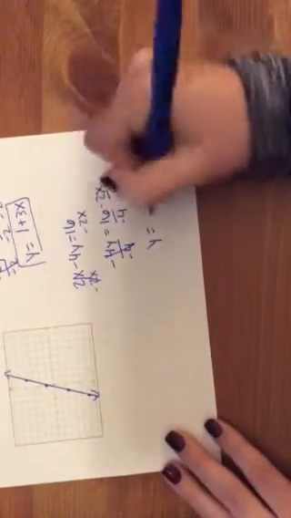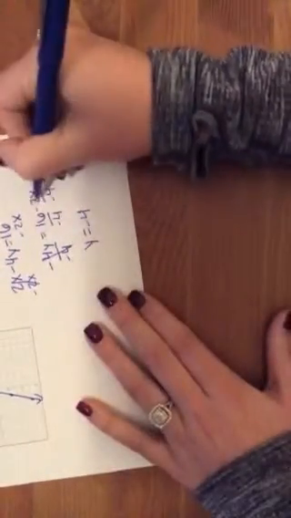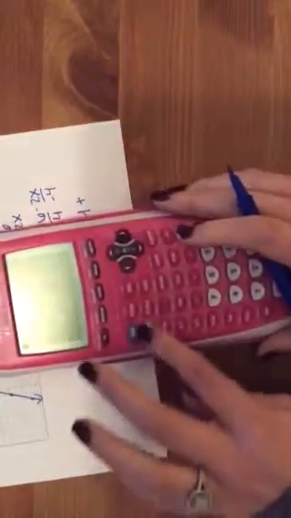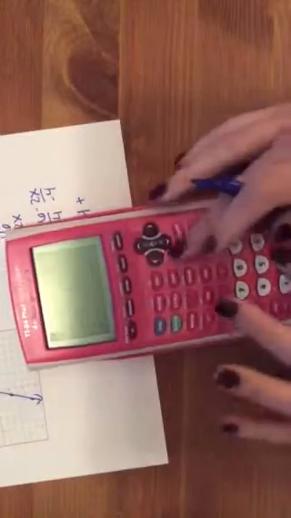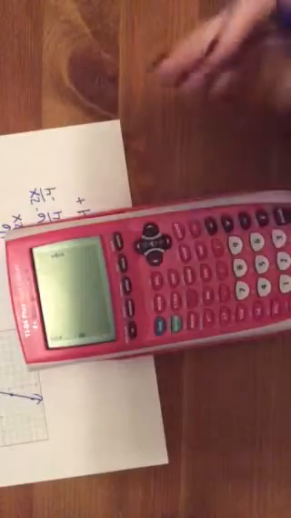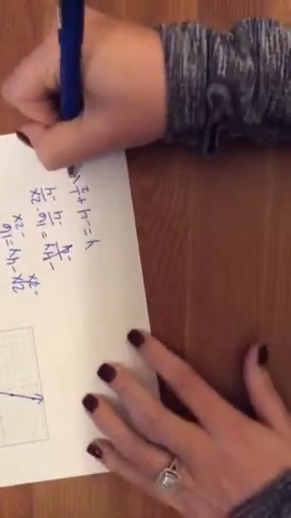Y equals 16 over negative 4 is negative 4. Negative over a negative is a positive. 2 over 4, if you type it in your calculator as a fraction, it will reduce it for you. Oops, not a plus. 1/2. So negative 4 plus 1/2 x.